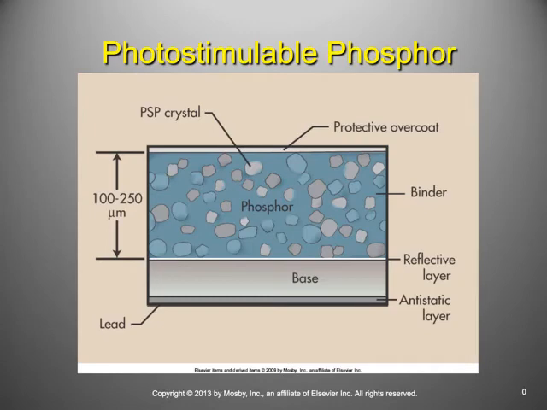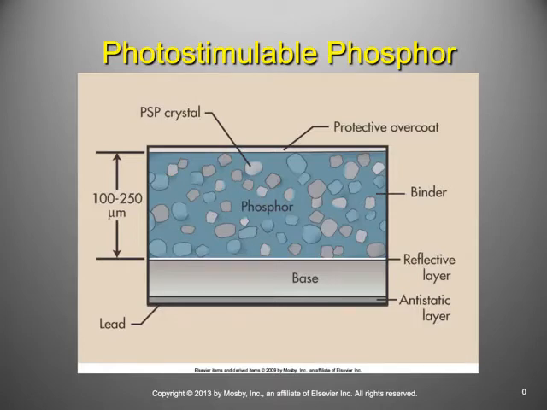So let's look at a photostimulable phosphor, a PSP, in kind of a cutaway. If we were to remove a PSP from the image receptor, we would largely be touching a protective coating.